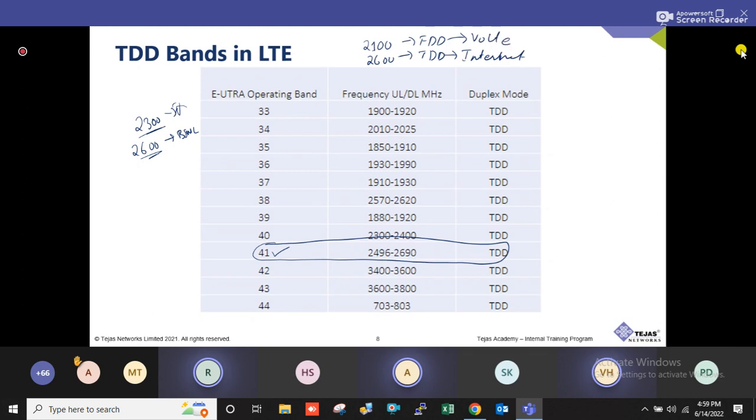This can also be designed. But this is not always true. We can have VoLTE services here also and internet services here also. But generally we can say, because of the paired frequency, VoLTE services might be a less complex design in FDD when compared to TDD.